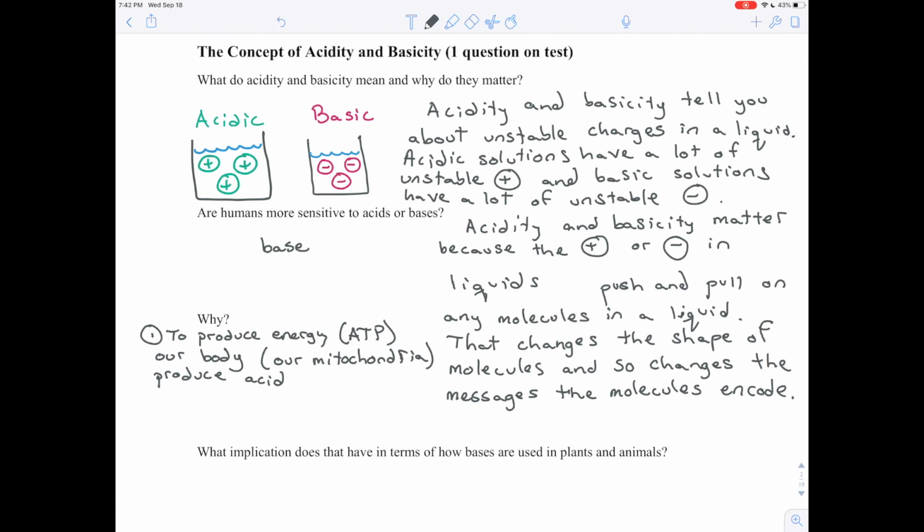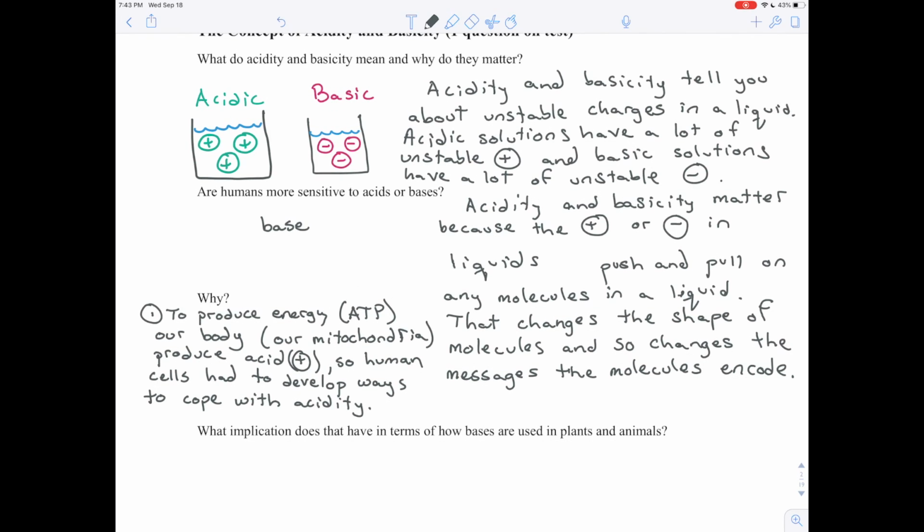They produce molecules that have this strong positive charge. So, our biology, the molecules in all of our cells, and I should say human cells, had to develop ways to cope with acidity in order to use that ATP, in order to make ATP in the way that living things do, in a way that supports human life.